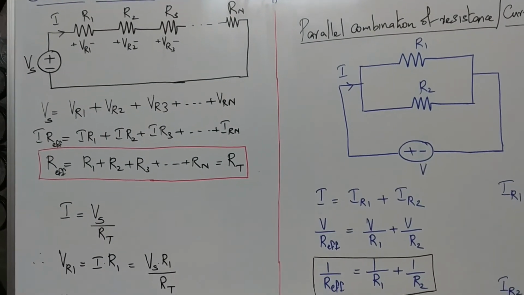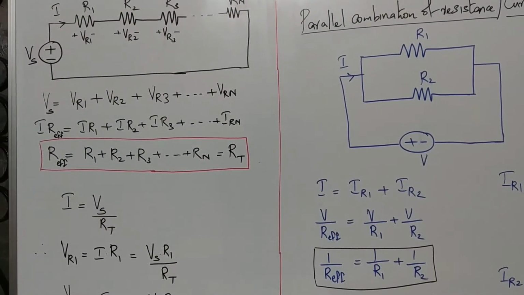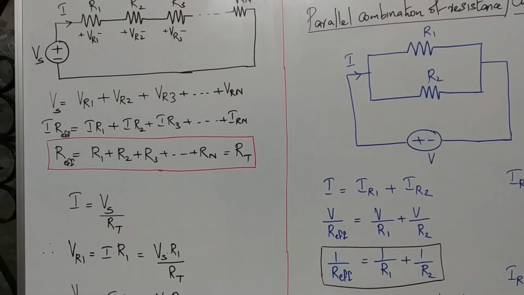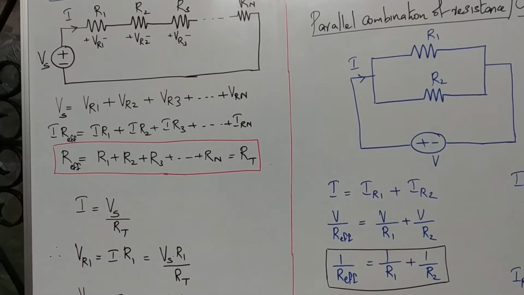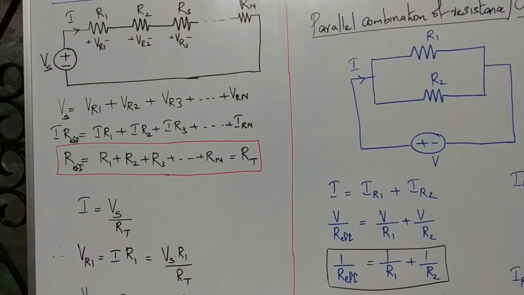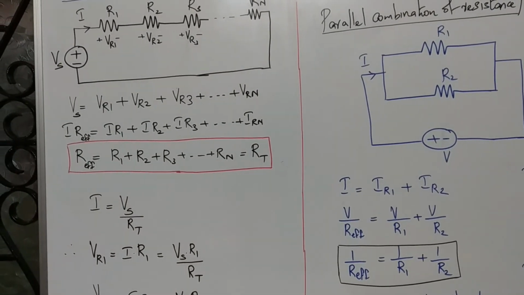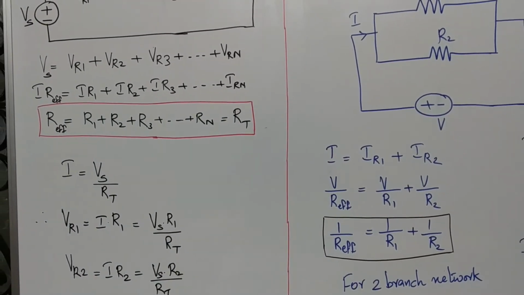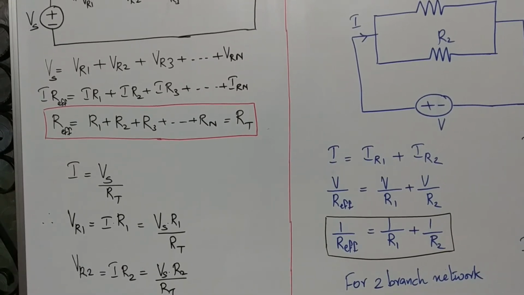So the total voltage Vs can be written as the sum of the different voltage drops across the resistors. Vs equal to VR1 plus VR2 plus VR3 plus etc., VRN. Now I am writing it in terms of current. So Vs can be written as total current into effective resistance.